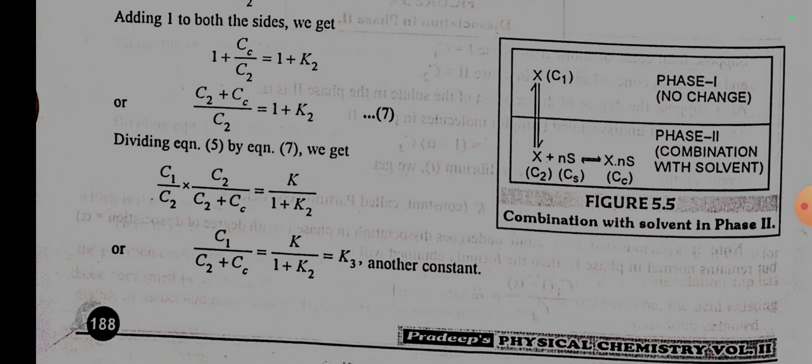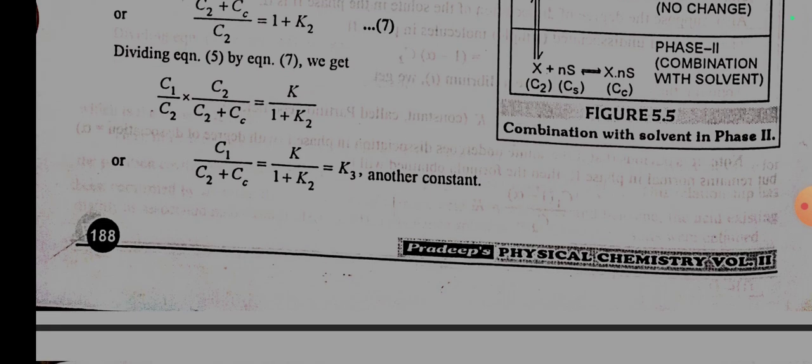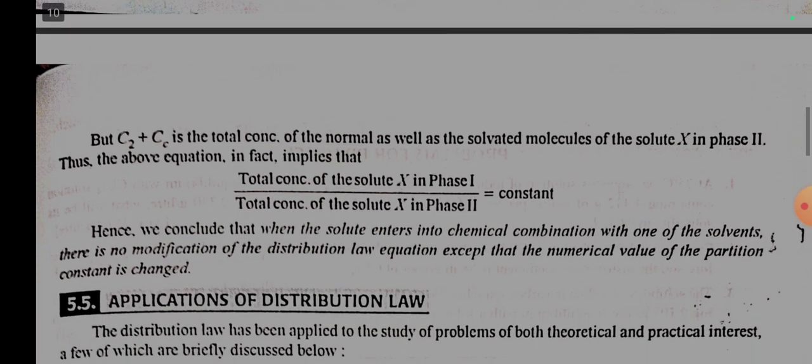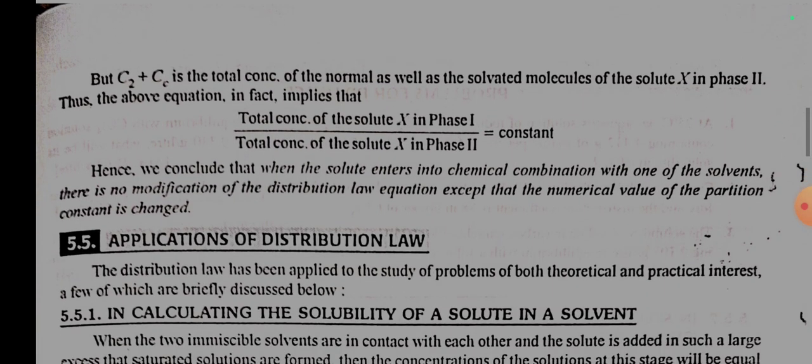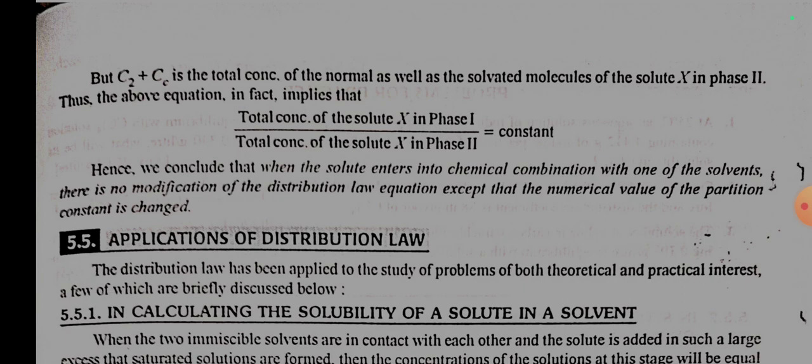Dividing equation 5 by equation 7, we get C1/C2 × C2/(C2 + Cc) = K1/(1 + K2), or C1/(C2 + Cc) = K/(1 + K2) = K3, another constant. But C2 + Cc is the total concentration of the normal as well as the solvated molecules of the solute X in phase 2.